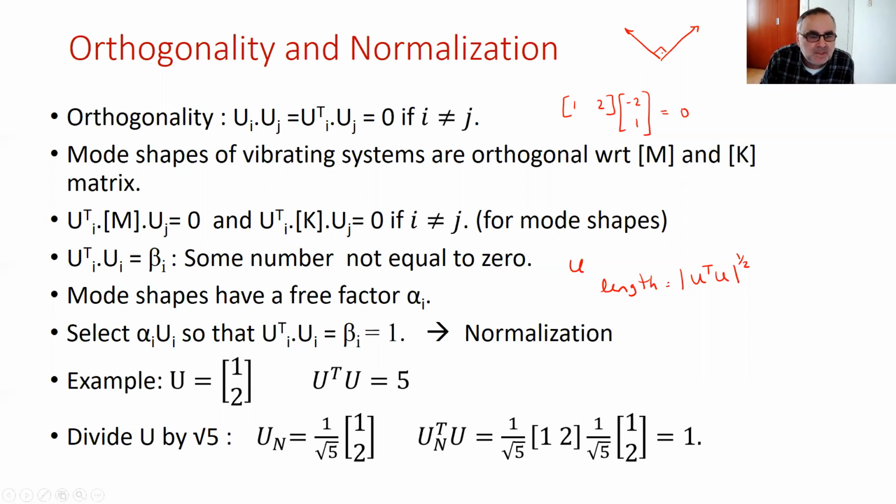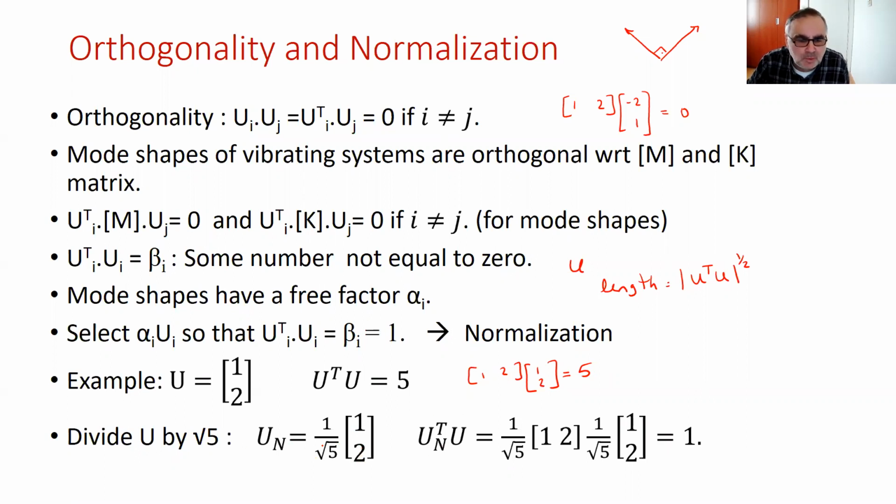For example, if you have a vector 1 and 2, its length squared is 5, isn't it? Because 1, 2 times 1, 2 gives you 5. Which means that the length squared of your vector is 5. So if you multiply your vector by 1 over root 5, the length of your vector is going to be 1.